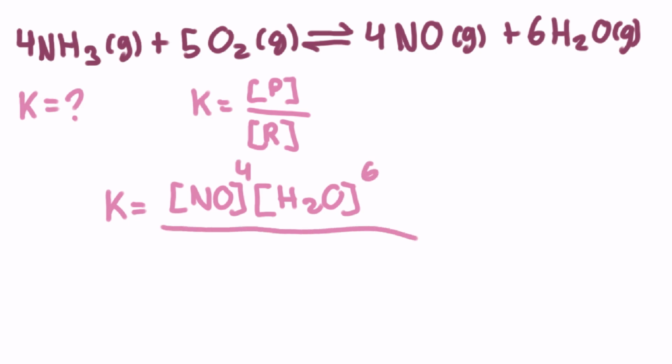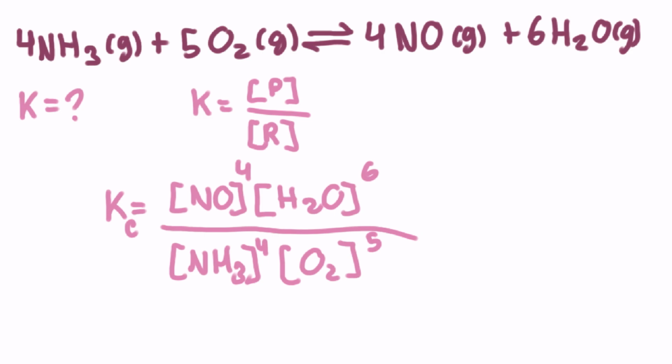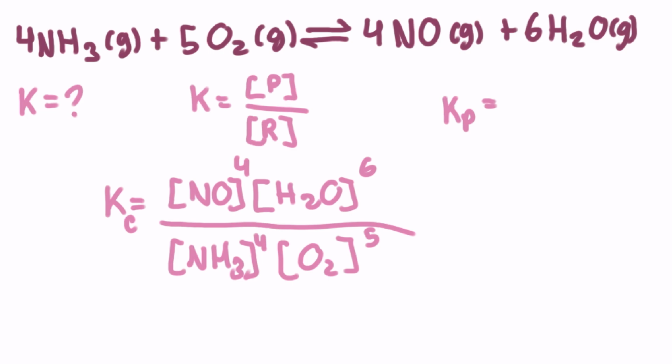These are all of our products, and now our reactants. Because right now we are dealing with concentration, to specify, we will call this Kc. The same thing, just K concentration. Kp will be the same thing as Kc, with the only difference being you're using pressures. It will look like this. Products in parentheses instead of brackets over reactants and whatever coefficients you have.